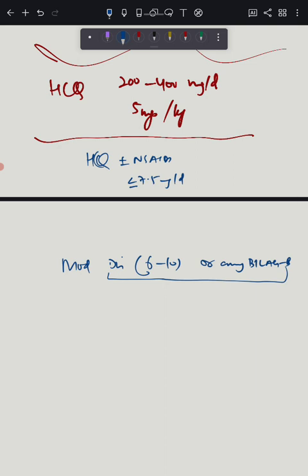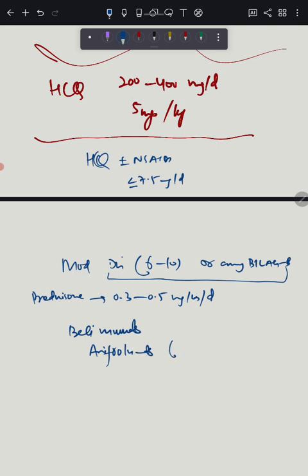Prednisone you will give around 0.3 to 0.5 milligrams per kg per day with rapid taper. And you can add azathioprine or mycophenolate or methotrexate. And biological options for persistent activity, we can add belimumab, that's an add-on therapy, or anifrolumab.